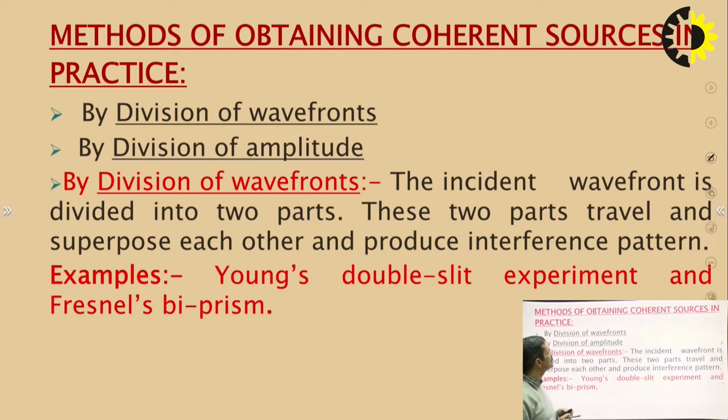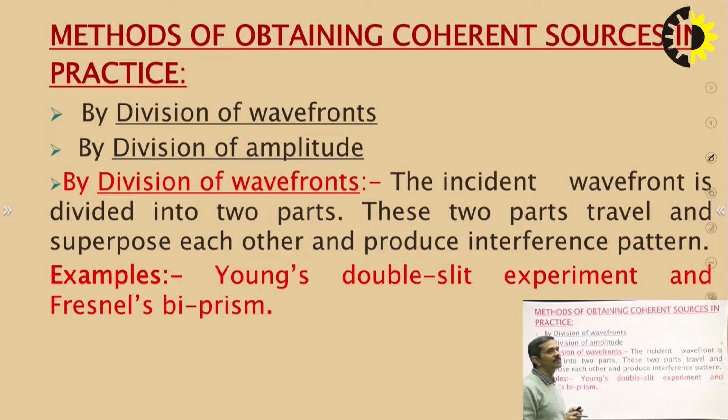Now there are some methods through which we can obtain coherent light sources. In different types of experiments, we can have different processes to get coherent light sources. For example, in some experiments we can construct coherent light sources by the division of wavefront method, like Young's double slit experiment. In some experiments we can achieve coherent light sources by the division of amplitude method.